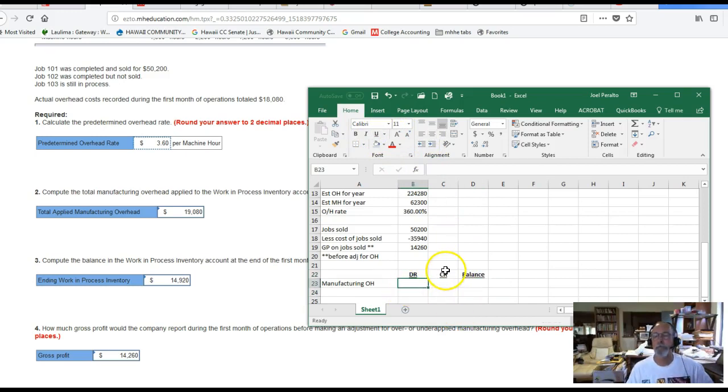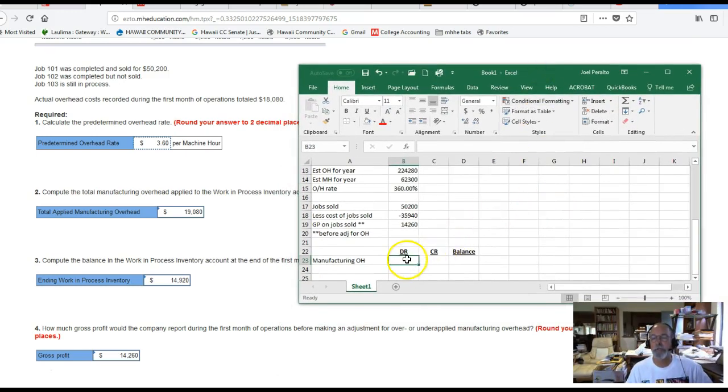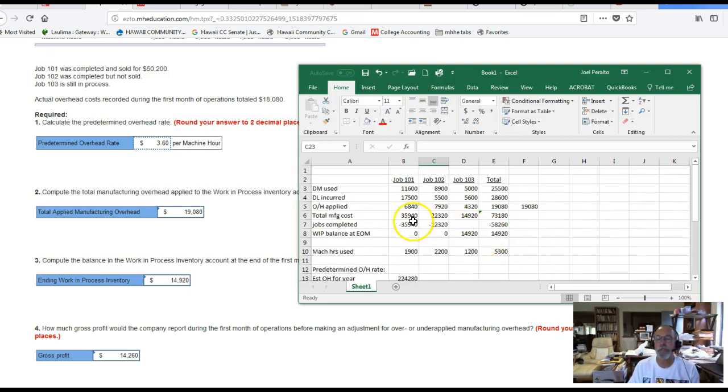So our actual overhead would be recorded as a debit in the overhead account, and that amount is given to us as 18,080. And our applied overhead is the amount that we have credited to overhead and moved into production. So that amount is based on our calculation up here, overhead applied. And so the total applied overhead for the month was 19,080.